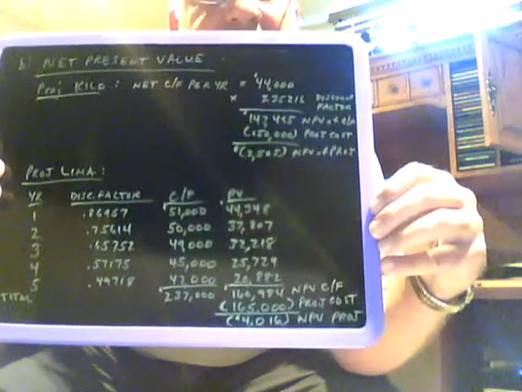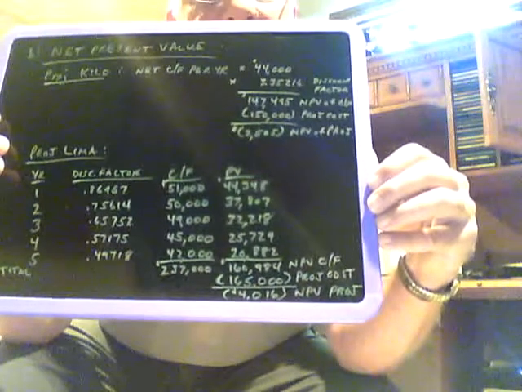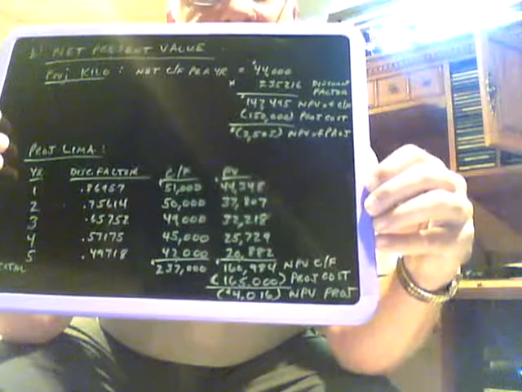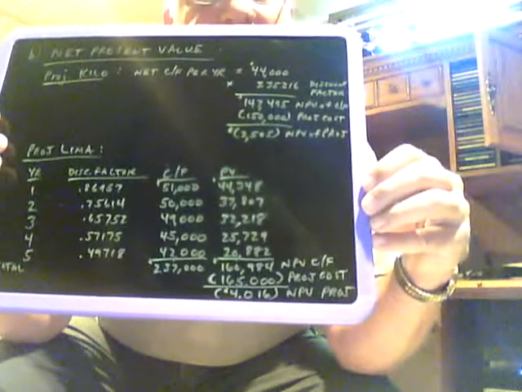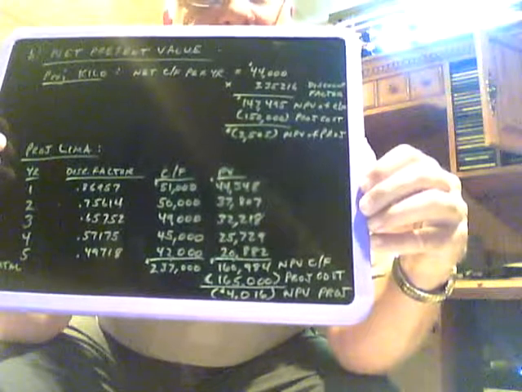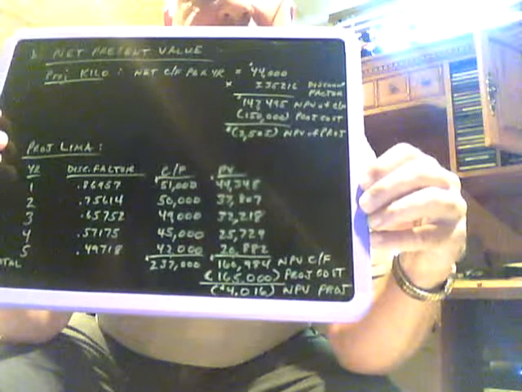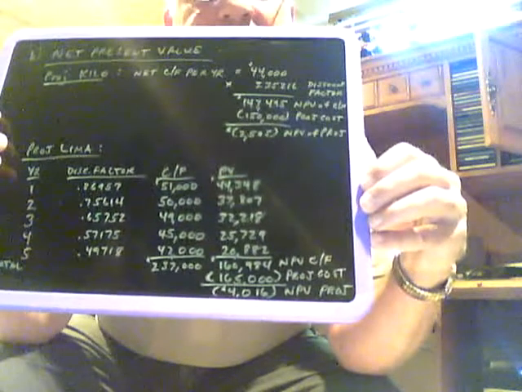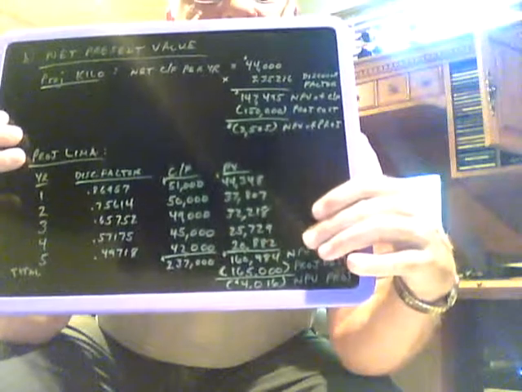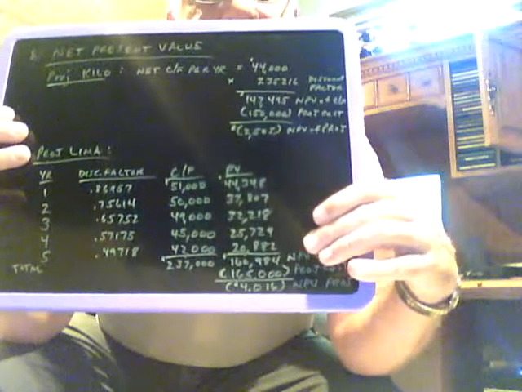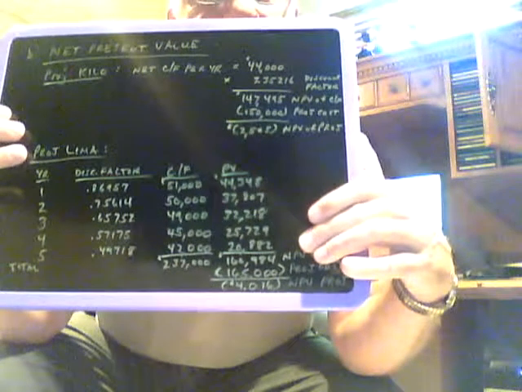So notice again that not only is the cash flow itself decreasing per year, but when we multiply it times this decreasing per year discount factor, because of time value of money, the further out you have to go to get your money, the less it's worth today, right? So we're down from a present value of 44,348 in year one in this final column here, all the way down to 20,882 in year five, even though we have a total cash flow still of gross of 42,000.